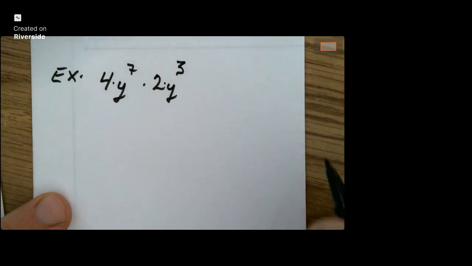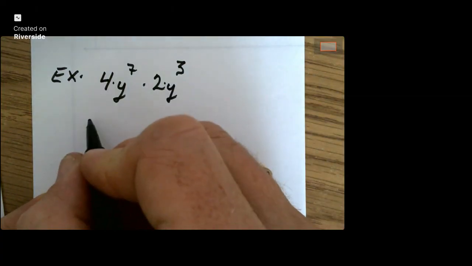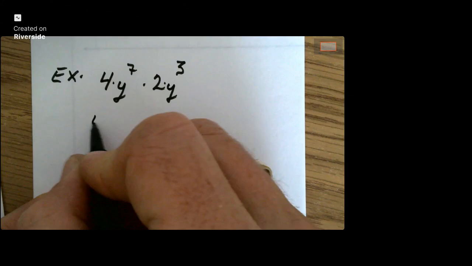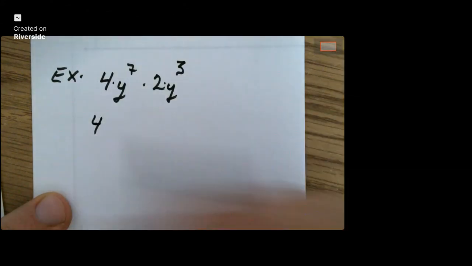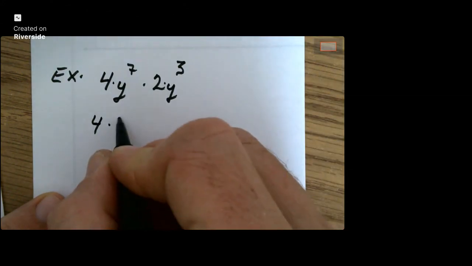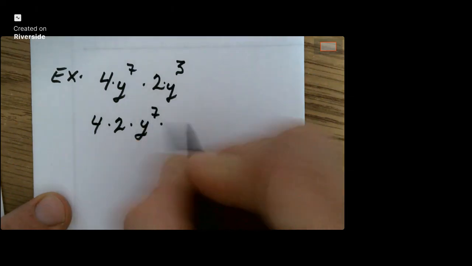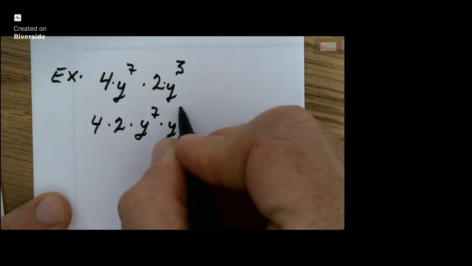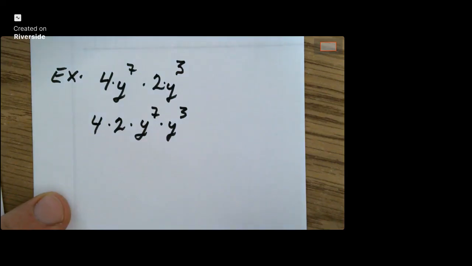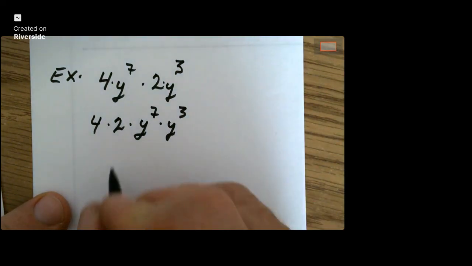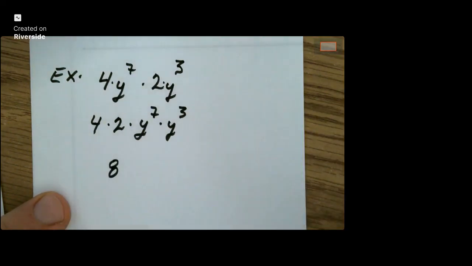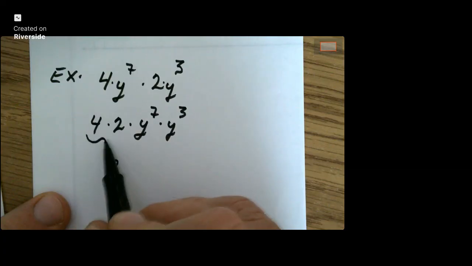There's no mixture in operations, so we could reorder these if we wanted to. At least in our minds, if we didn't want to write this step down, we would think of it as being this. We could take our 4 times 2 to get 8.